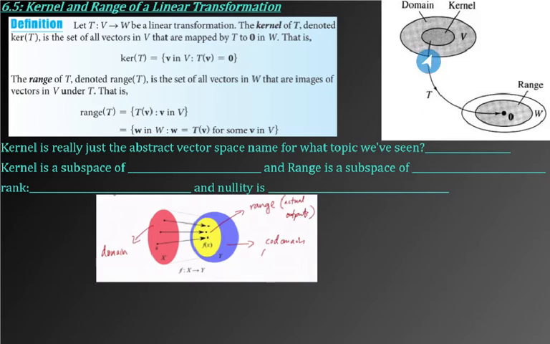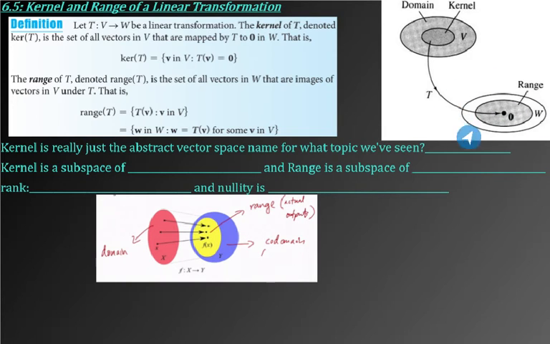If the transformation goes from V to W, the kernel is a subset, a subspace, of V, and it lives in the domain space. These are the things that get mapped to the 0 vector over here. And the outputs of all the vectors in V live in what we call the range, that shaded area.